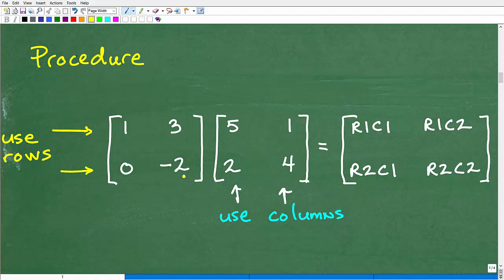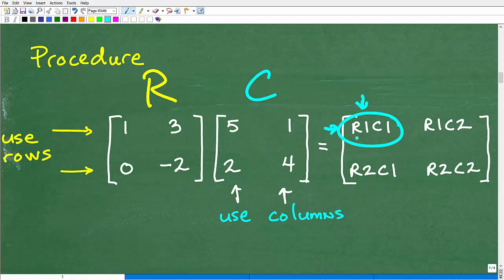Okay, so here is how we actually multiply matrices. You're going to use the rows of the first matrix, and you're going to use the columns of the second matrix. Now let's talk about the position of an entry in a matrix. This position right here, we would describe as being in row 1 and column 1.